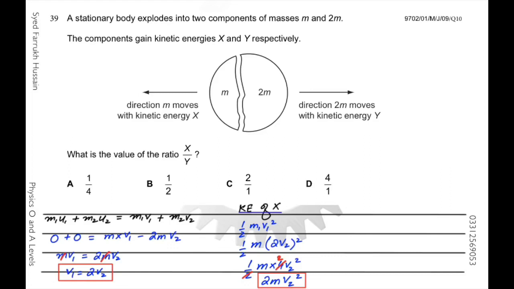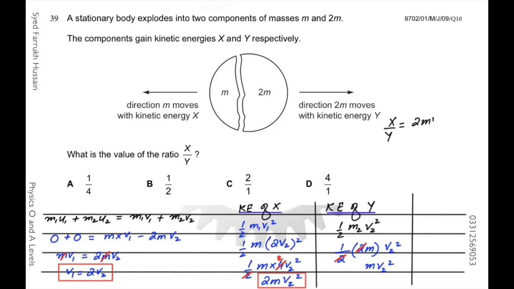Now to find out kinetic energy of Y, half m2 v2 square. m2 is 2m and v2 is v2 square, so you will find kinetic energy of Y as mv2 square. To find out the ratio of kinetic energy of X and kinetic energy of Y, kinetic energy of X is 2mv2 square and kinetic energy of Y is mv2 square, so you will find out the value as 2 upon 1.